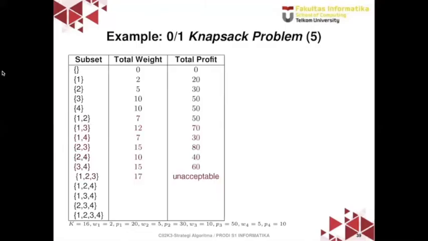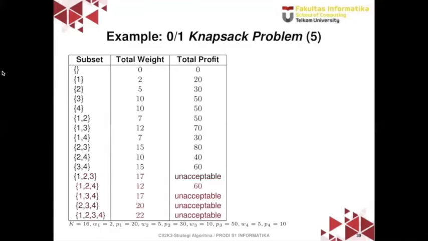And if we find a total weight of 17, which means it is bigger than the maximum capacity of the knapsack, it is not an acceptable solution. So we don't need to count the total profit because we cannot have this as a solution. Similar to others, we have four unacceptable solutions.